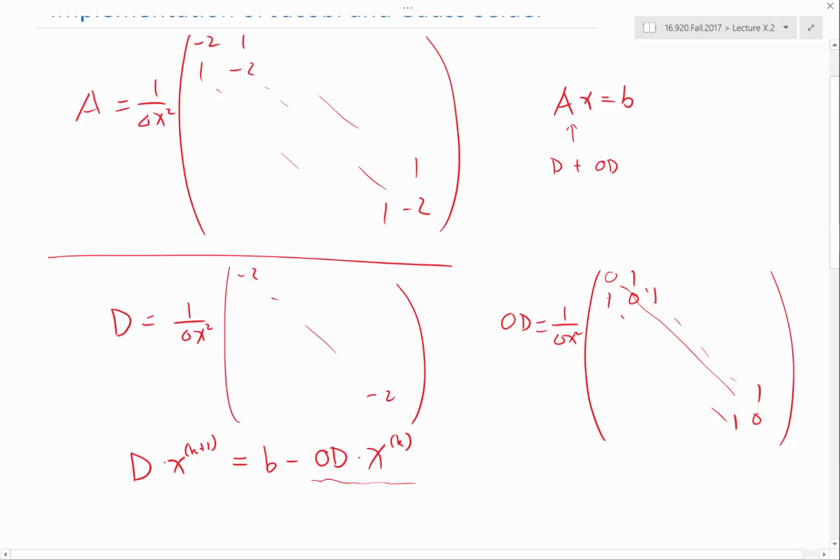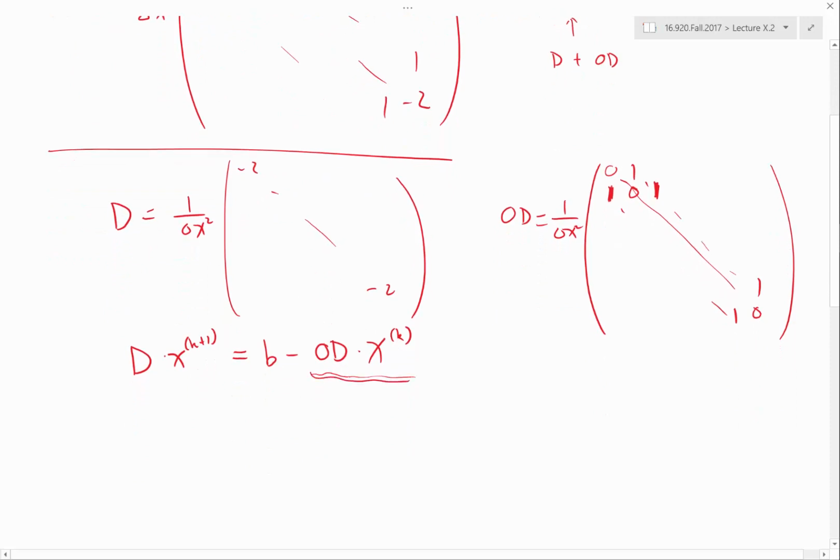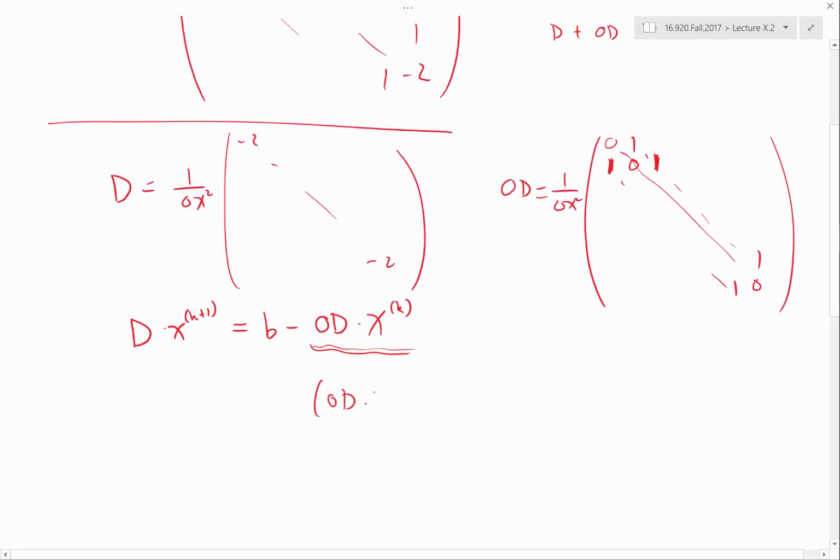We are summing up the value on the left neighbor grid point and right neighbor grid point, and then dividing by delta x squared. So the application of OD times x_k at the ith index is equal to x_k at i minus 1 plus x_k at i plus 1, divided by delta x squared.